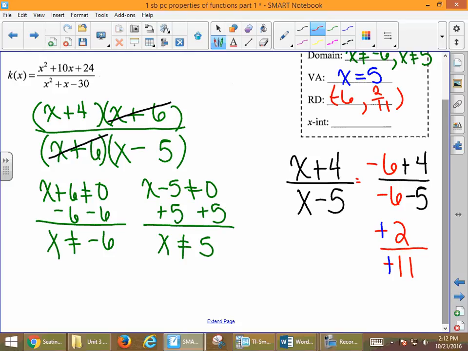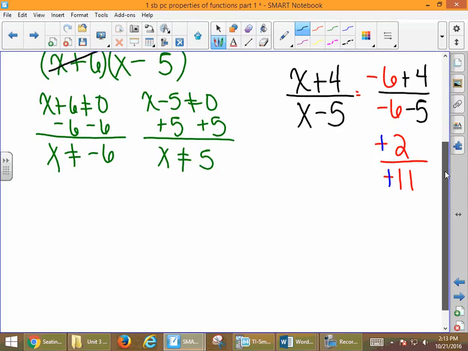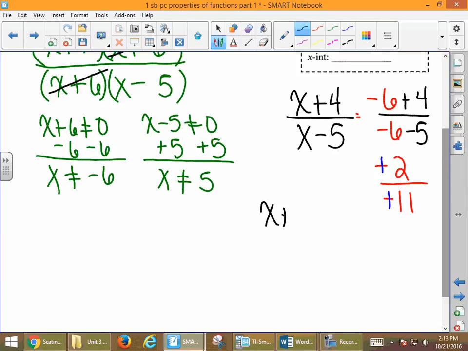And finally, what we want to figure out is, what is the x-intercept? Well, we're going to find the x-intercept from the remaining part of the function, after we cancel it out. So what we see remaining from our function is that the x plus 4 equals 0.